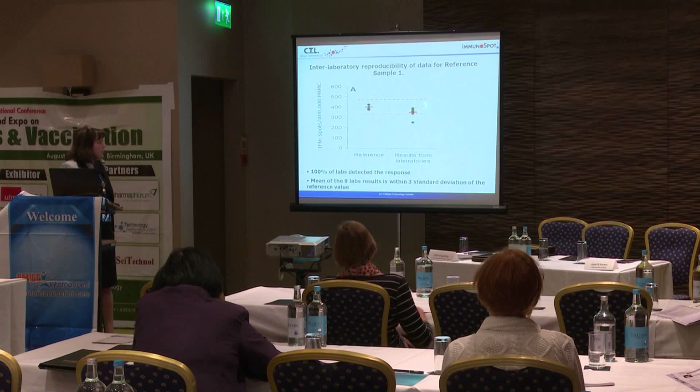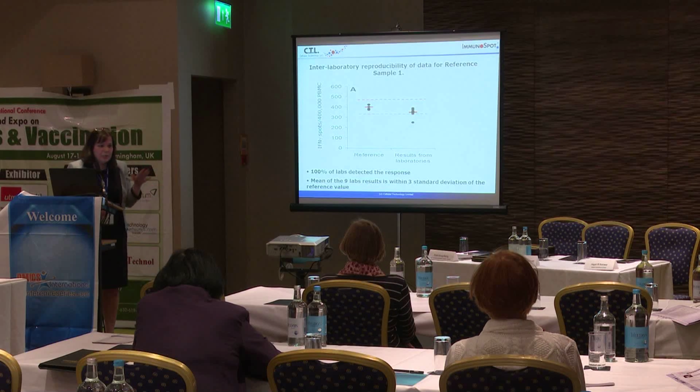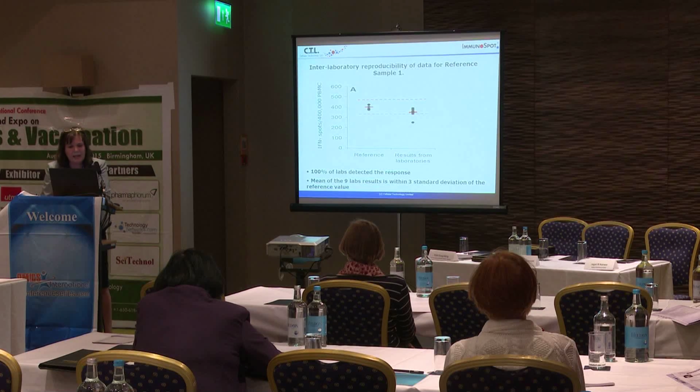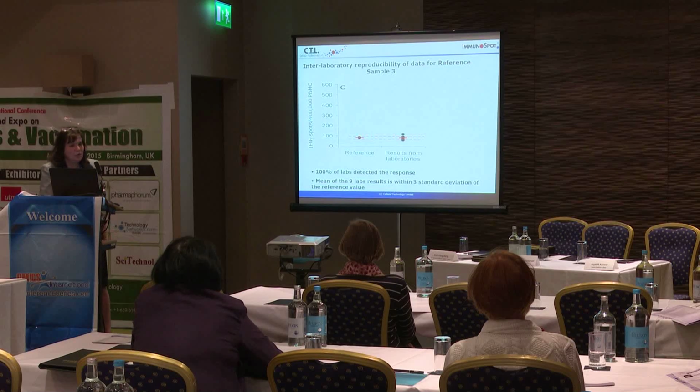The laboratories performed the testing, and these results are plotted here. Three standard deviations are shown from all the laboratories. Among the high responders, only this one was a little bit lower than 3 standard deviations of the recall responses measured, but everybody got the results in the high frequency, medium frequency, and low frequency range.